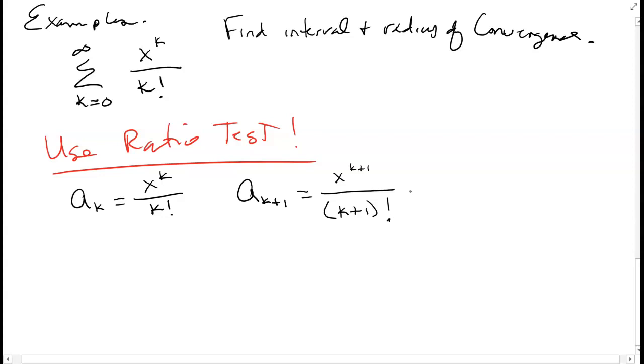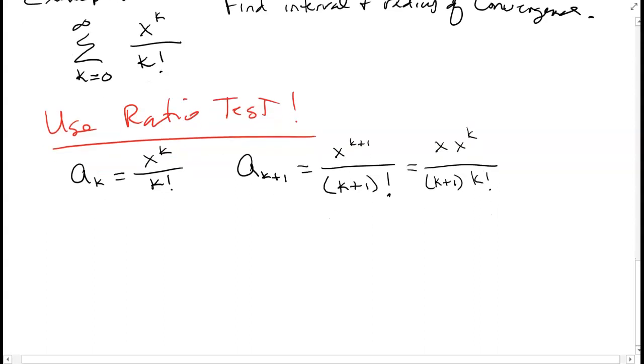You also start to learn ways to write x to the k plus 1, right? You pull out an x, and then you have x to the k. That's a better way of writing x to the k plus 1, because eventually we want things to cancel. And then, of course, k plus 1 factorial can be written as pull out your k plus 1 and then have k factorial. That's going to help you a lot.